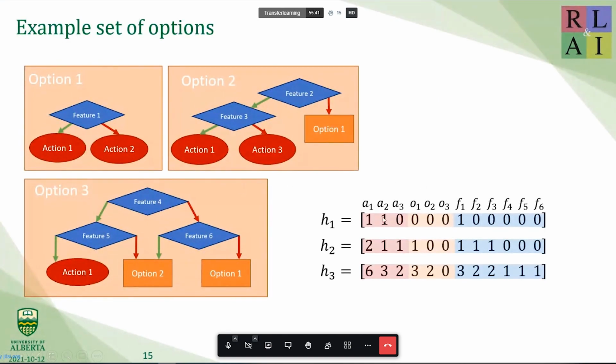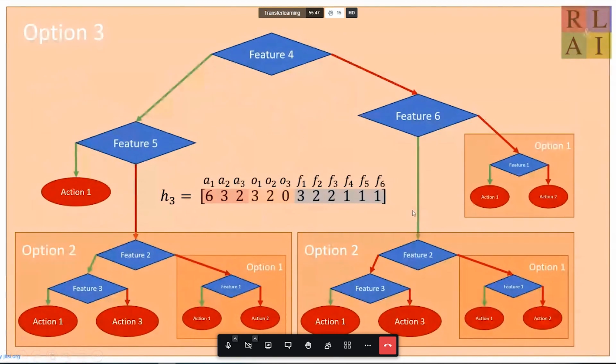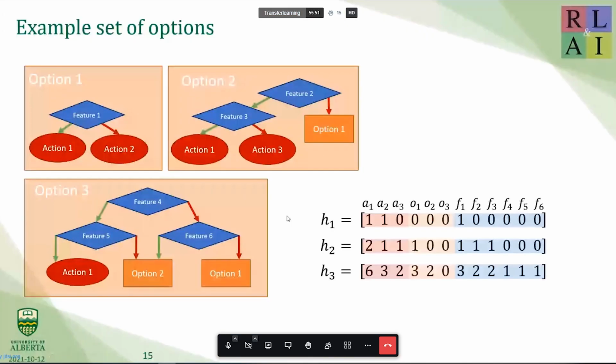If you count these features and the number of times you've used each action, option, and feature, then you can build a histogram. For example, the first histogram is just 1, 1, 0, 1, because you use 1 time the action 1, 1 time the action 2, and 1 time the feature 1, and so on.